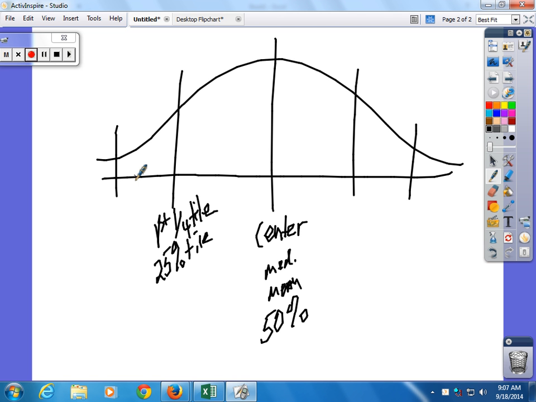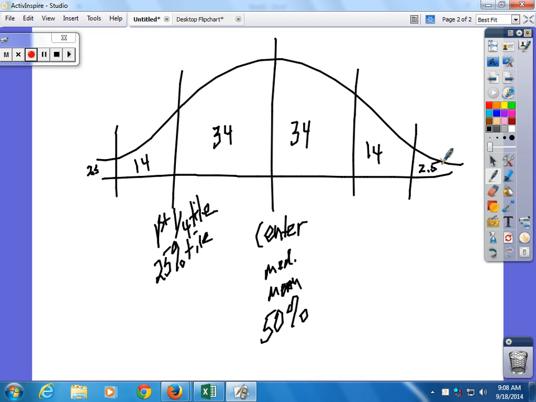103 or 104? Where's 104? Yeah, there it is. Okay, 14%. So it's 34, 34, 14, and 2.5.